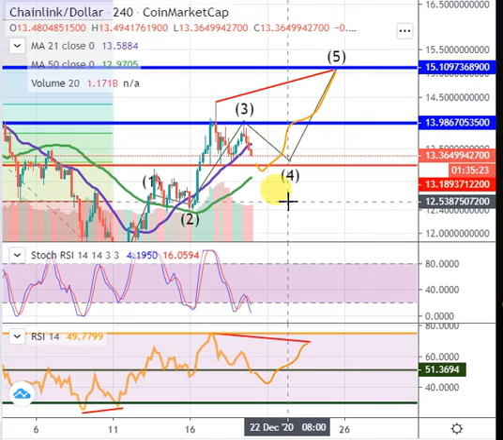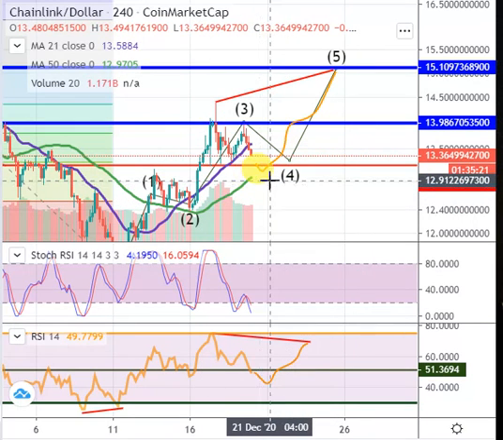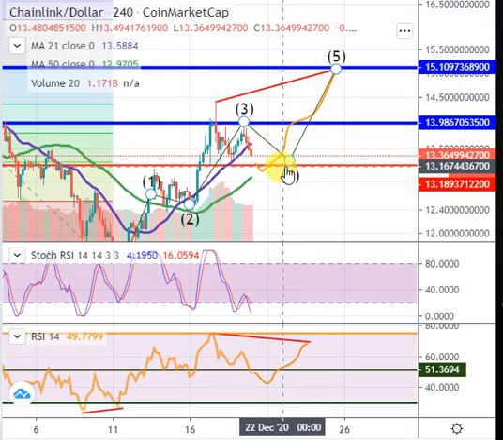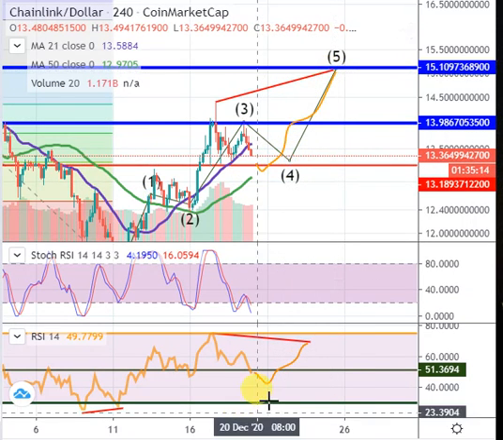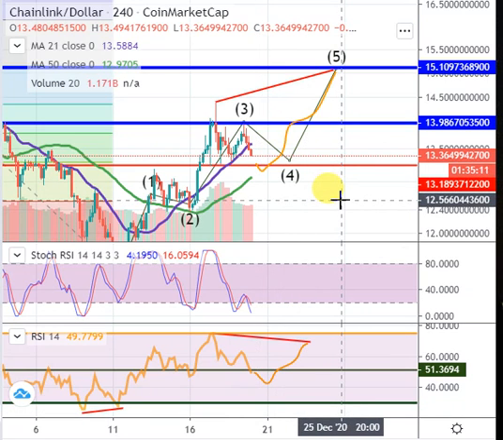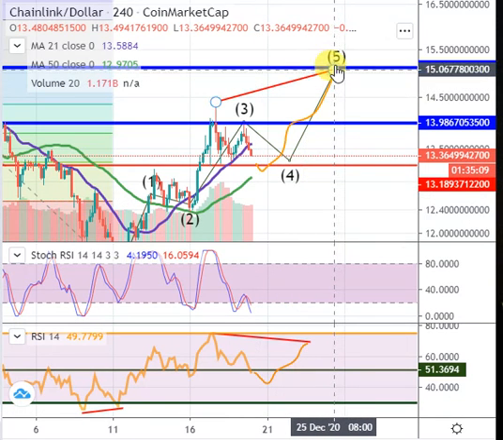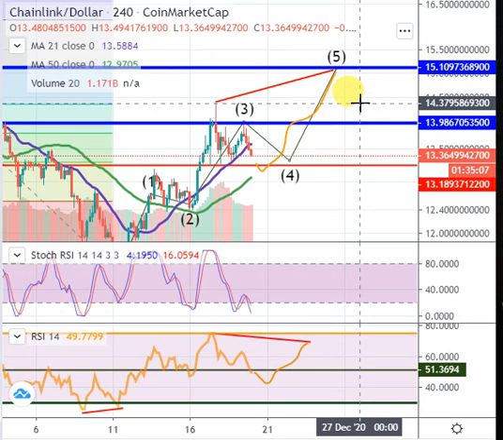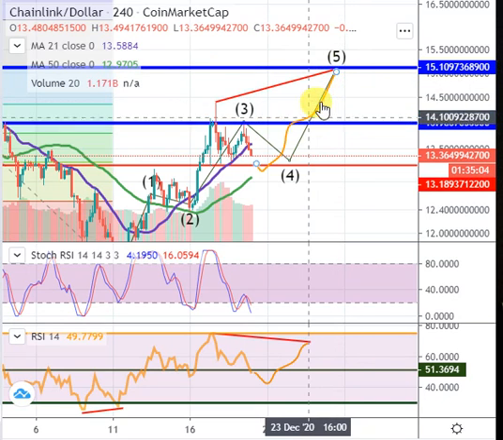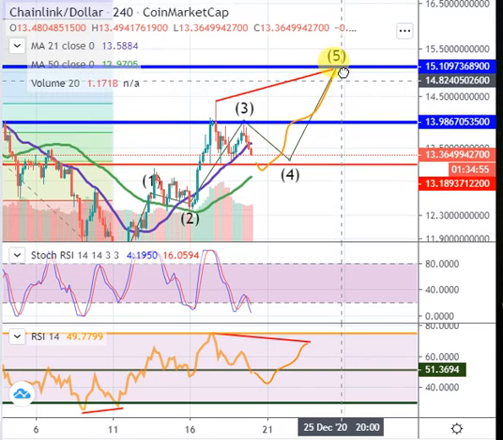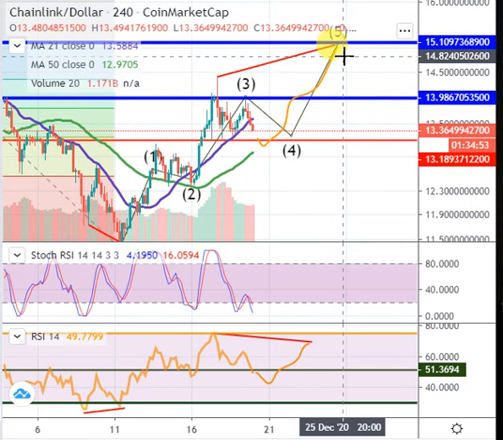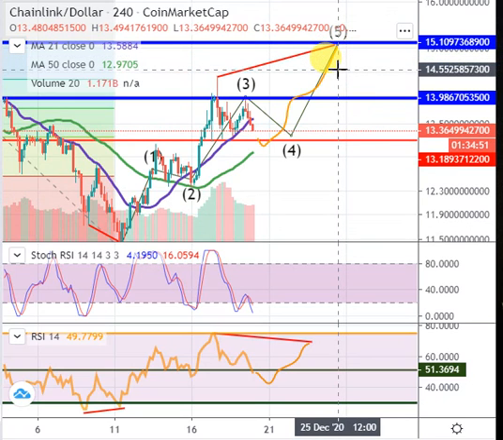So for the short term, I believe Chainlink is going to come down to 13.20 something and then go up to 15, and there will form a divergence, and at this divergence we are going to have some correction into the new year. Okay, so at this point we will have a Christmas rally, and I will call it the end of the year bonus from Santa, or Santa bless, or whatever you call it. Okay, so this is it.